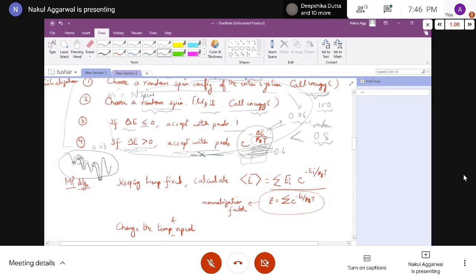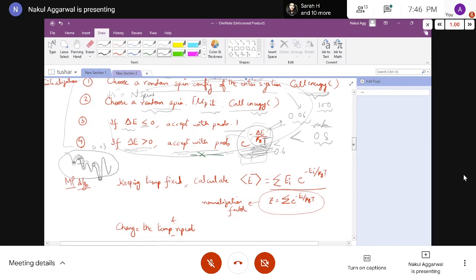Because this factor will ultimately have an effect on the probability. Because let's say this entire thing, including the minus sign, is very, very less, then chances are we will probably not jump the local minima. It is very important, as I will discuss, how to choose this value of temperature in simulated annealing. It is very important.